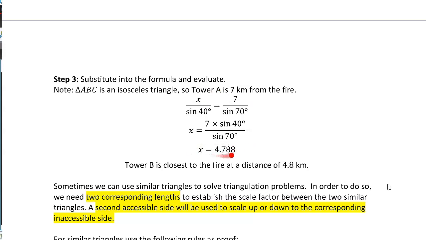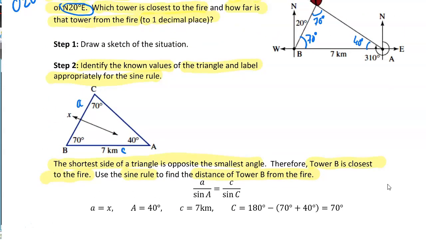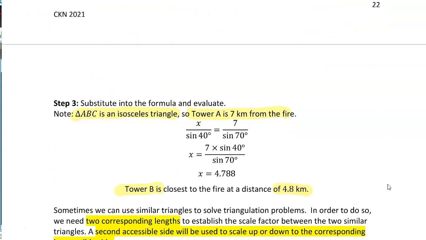Working it out, we get tower B being 4.8 kilometres. And yes, because that triangle is isosceles, tower A is 7 kilometres. It's isosceles because those two angles are the same, therefore that side and that side are the same. They are both 7 kilometres.